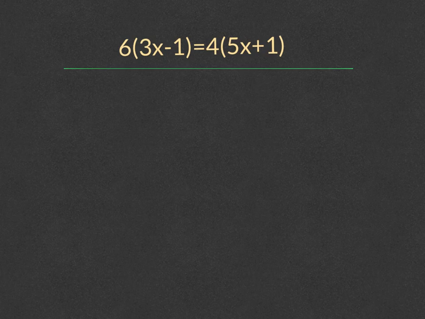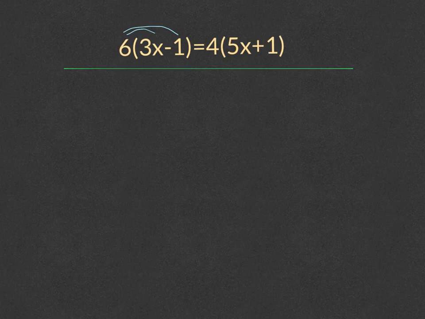Alright, let's take a look at this equation. Now it's in a little bit more complex form. So when you're going to balance both sides of the equation, you can do something to one side of the equation. For example, I could distribute this 6 through, and that doesn't change the value of the equation. So it is okay to distribute through and simplify that way.